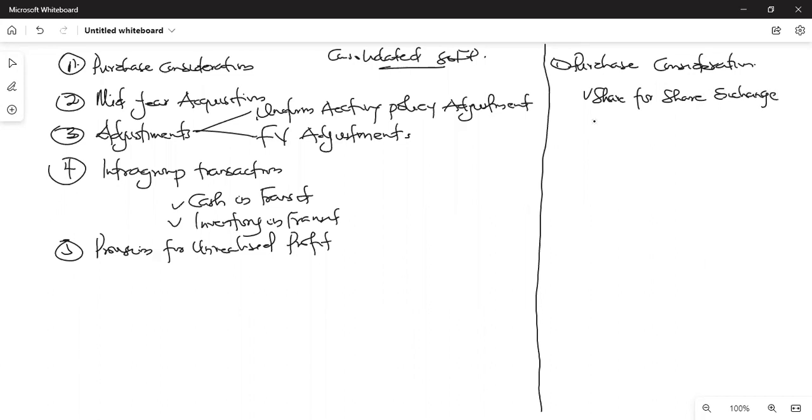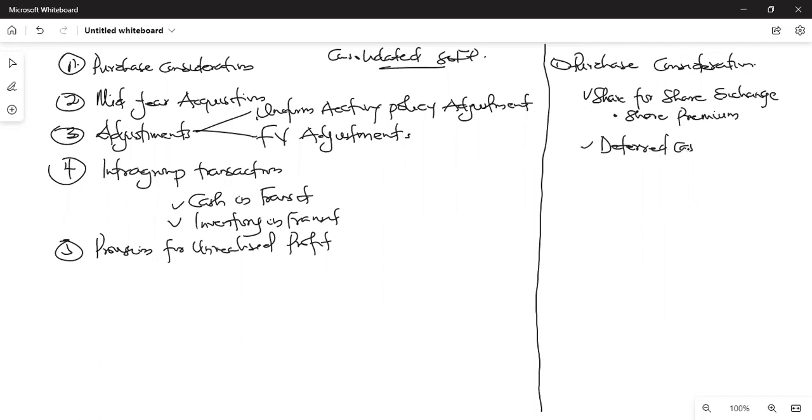I always tell my students that each of them has an effect. Anytime they use share for share exchange, bear in mind that it will give rise to share premium. Number two, we'll be looking at deferred consideration.